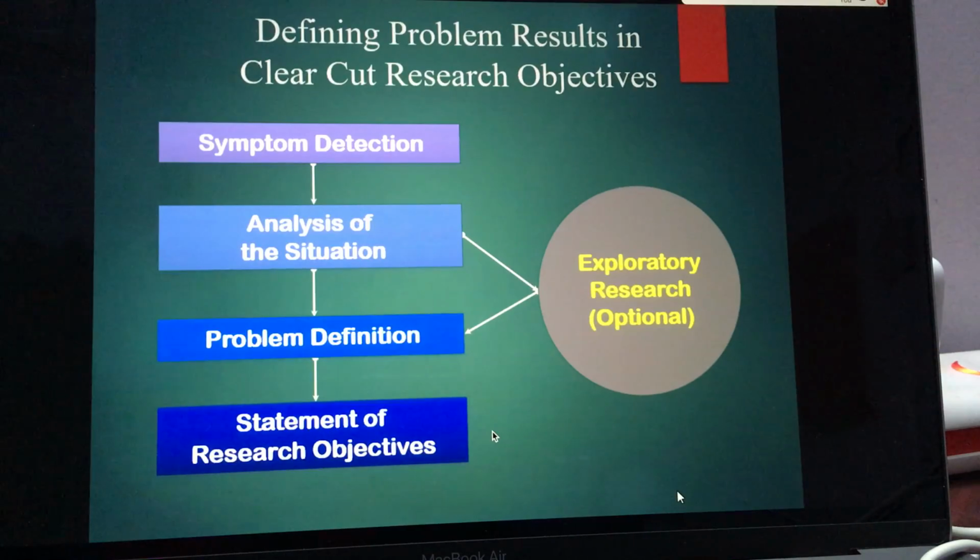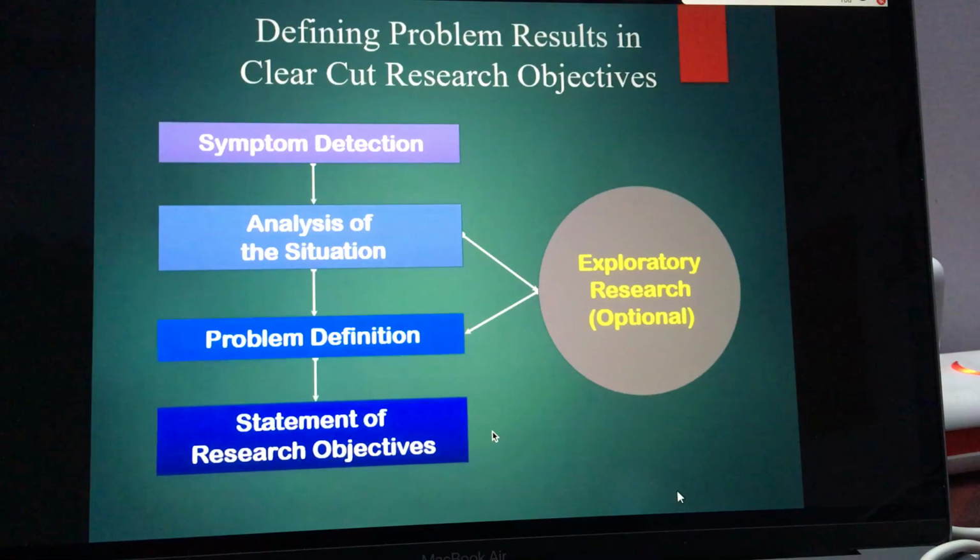So that will help you in reaching the problem definition. You think that we must understand what the brand image is, what the brand associations connected with this particular product are, right? Now that will help you in clearly specifying the research objectives.